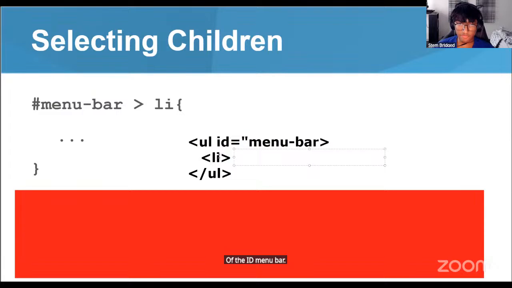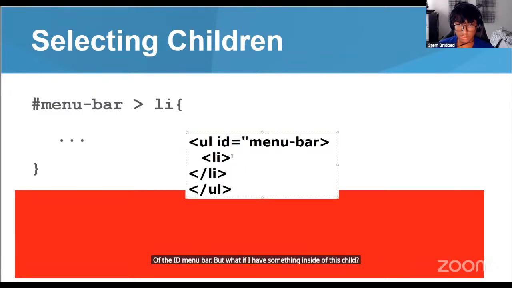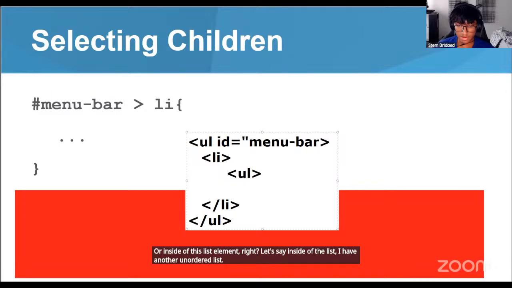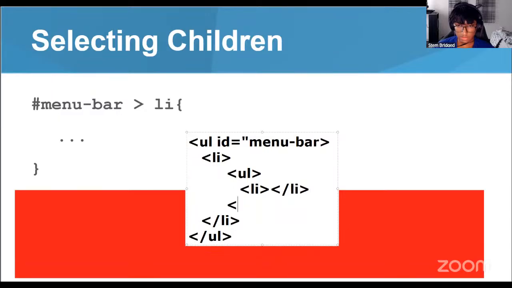But what if I have something inside of this child, or inside of this list element? Let's say inside of the list, I have another unordered list. And inside of that, there's another list element. Is the second list element going to be targeted?